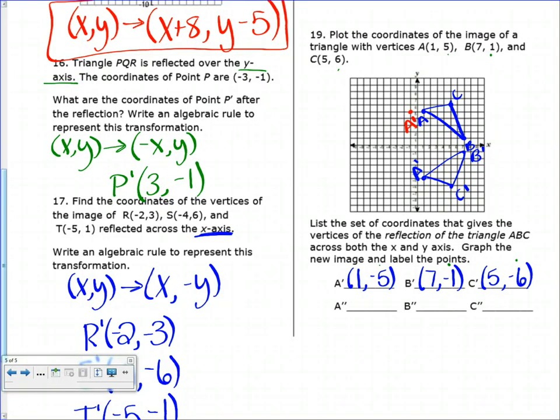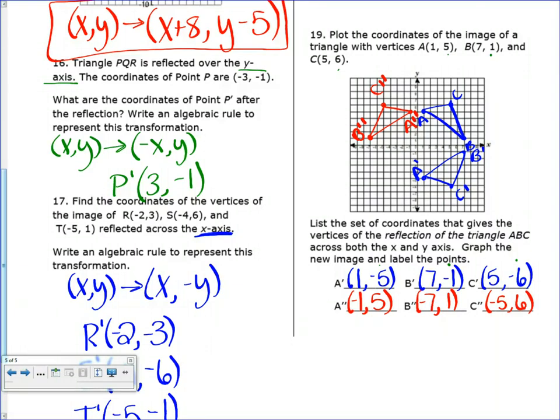We get A prime, B prime, and C prime. These are going to be double prime because this is our second reflection. So A double prime is at negative 1, 5. B double prime is at negative 7, 1. And C double prime is at negative 5, 6.